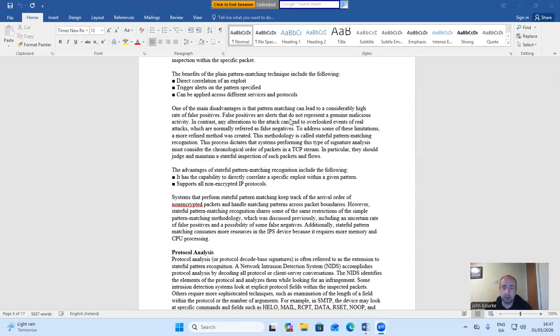False positives are alerts that do not represent a genuine malicious activity. In contrast, any alterations to the attack can lead to overlooked events of real attacks, which are normally referred to as false negatives.